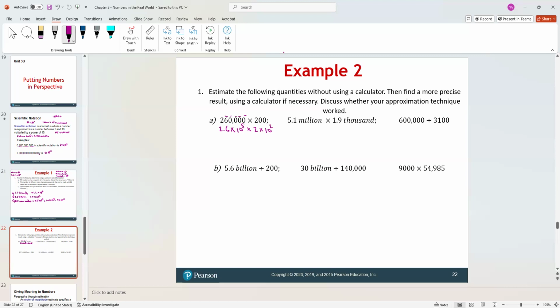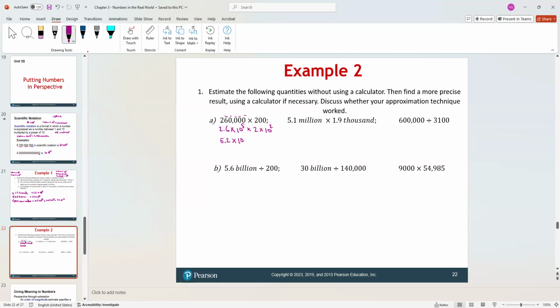Now, if you want, you can multiply. The first thing, you multiply the products, right? So you can do 2 times 2.6, that makes it 5.2. 5.2 times 10 power what?